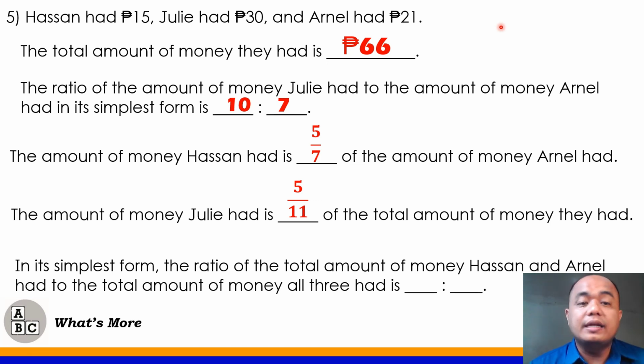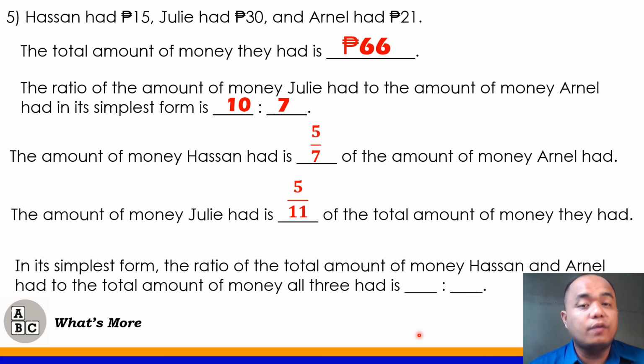Next statement. In simplest form again, the ratio of the total amount of money Hassan and Arnel had to the total amount of money all three had. So, ang una nating quantity dito, class, ay ang total money ni Hassan at saka ni Arnel. Magkano ba yung pera nilang dalawa? 15 plus 21. So, ibig sabihin, mayroon silang 36 pesos na pera. At saka, yung kabuuang pera nila ay 66, silang tatlo. So, that is 36, yung first quantity natin dito, at saka yung 66.